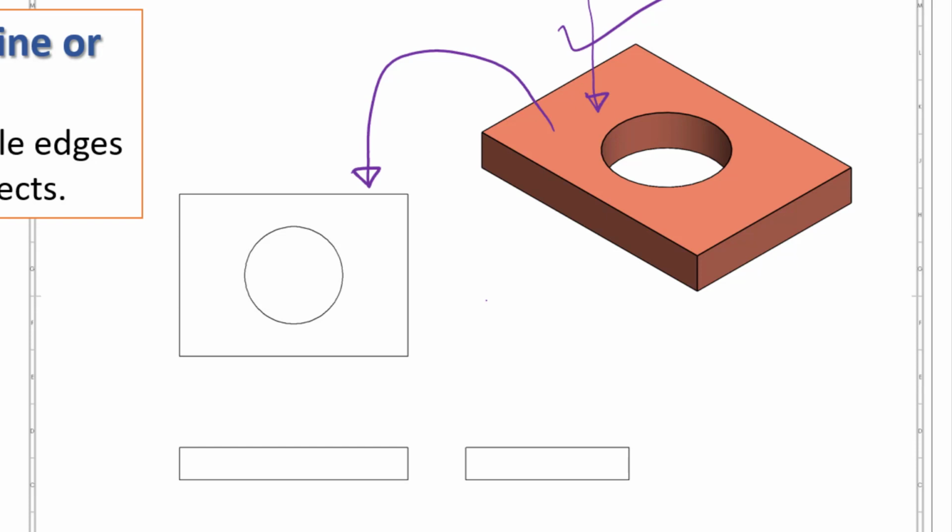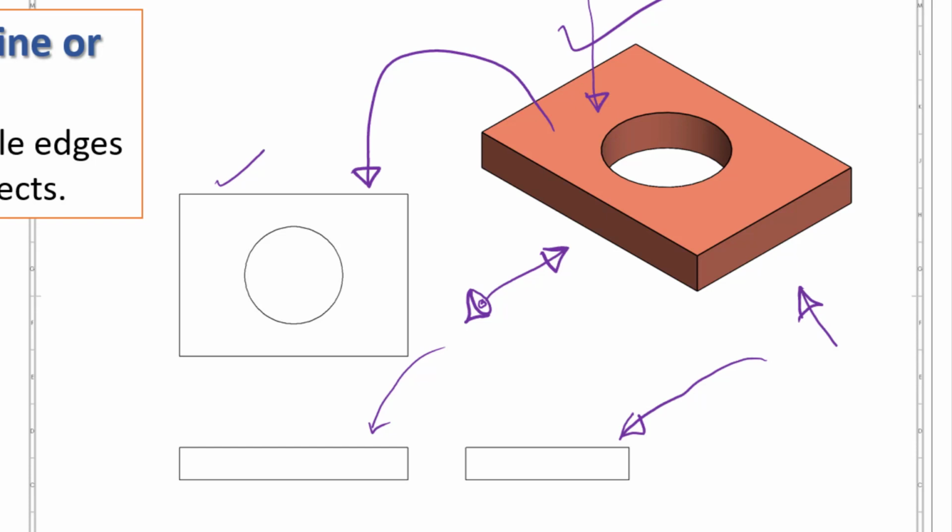And if we look at the object from this side, say this is the front side, then the diagram will be this one. And if you look at the object from the side, which we call the side view, then the view will be like this. These lines represent the outlines, that means visible edges are shown by this engineering drawing.